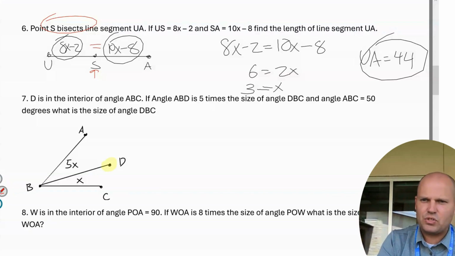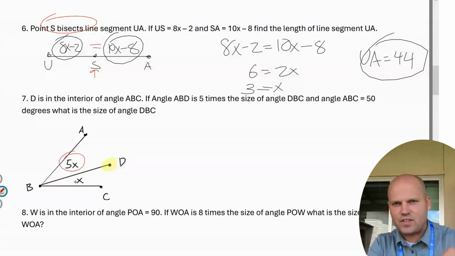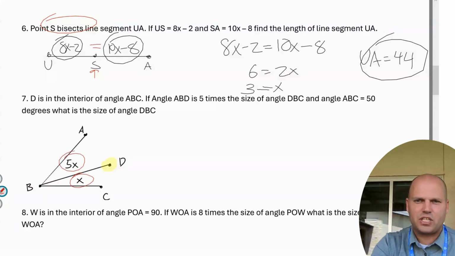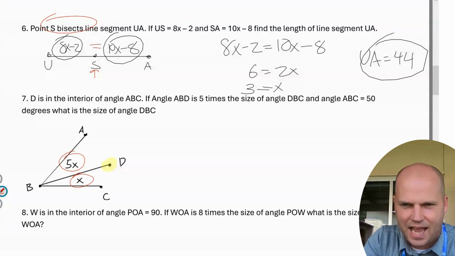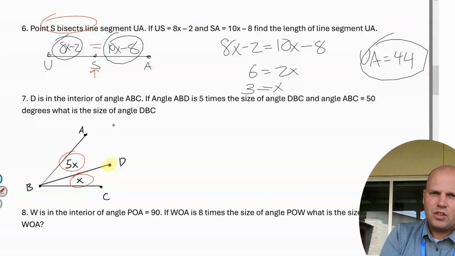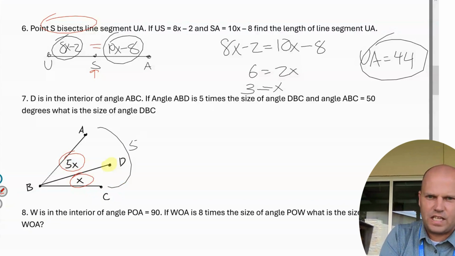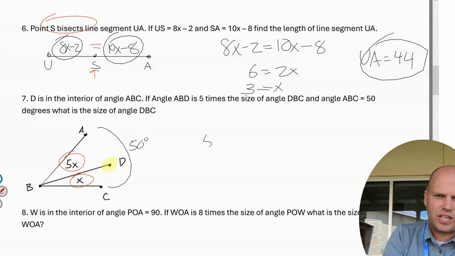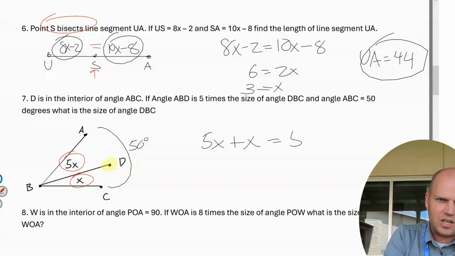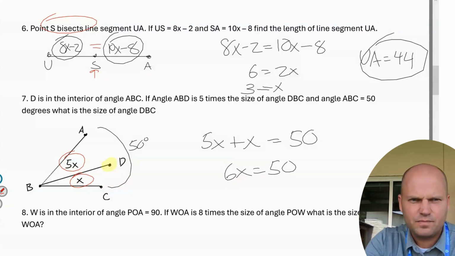It's helping you, saying, hey, this angle ABD is 5 times the size of angle DBC, because they said that DBC is X. Since the entire angle is 50 degrees, what we could do is set up an equation. 5x plus x has to equal 50. 6x is 50.